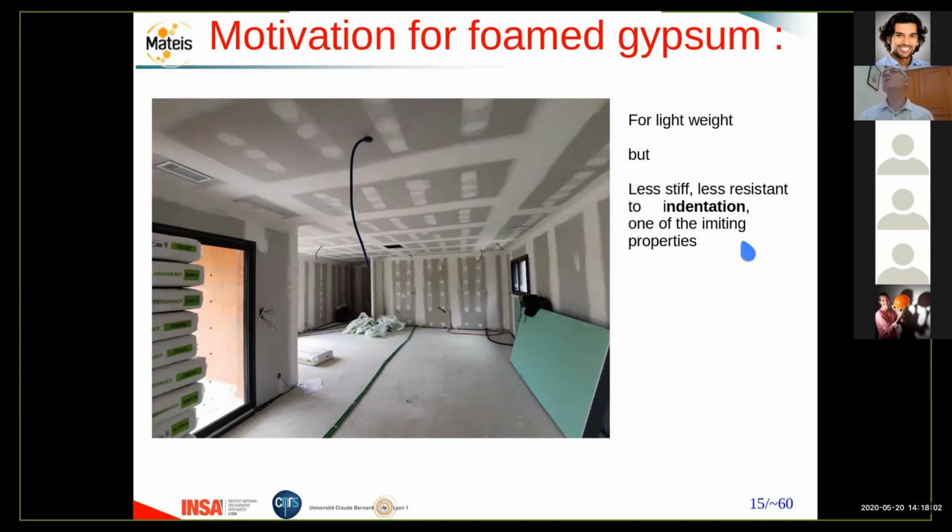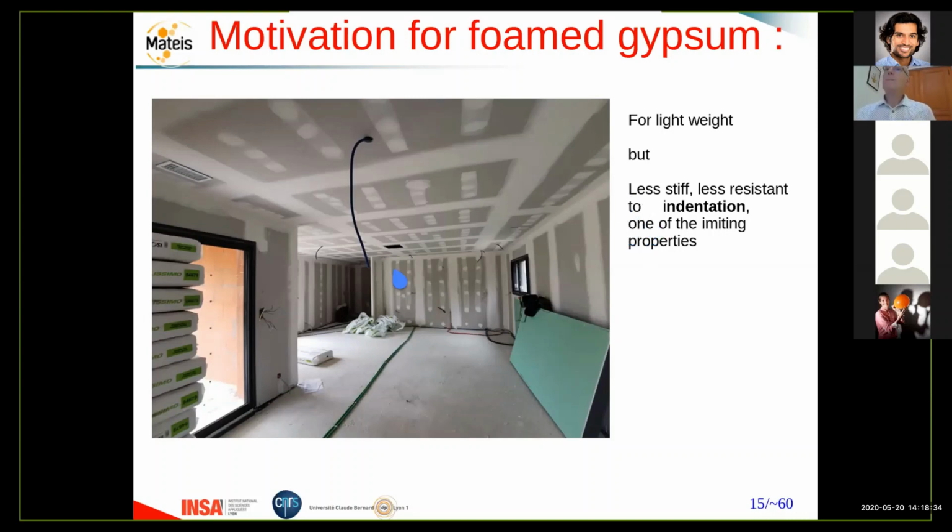And indentation is one of the limiting properties for these materials, especially because of the way these plasterboard are fixed. You know probably here that you have to screw something, and if your material does not resist to indentation, you have problems with screwing. So indentation is really the useful test to analyze, to limit the properties of the plasterboard.